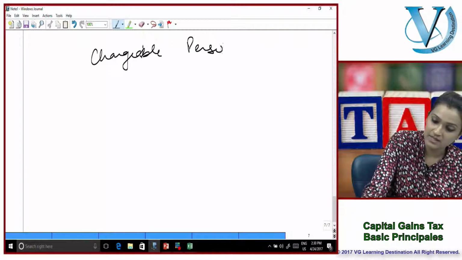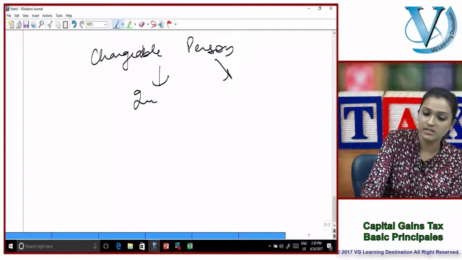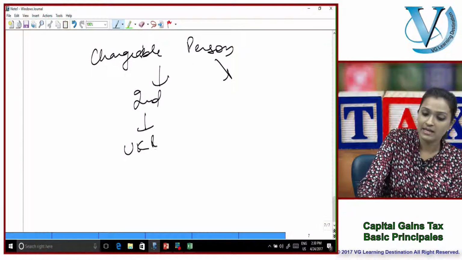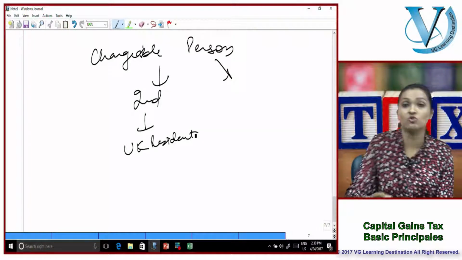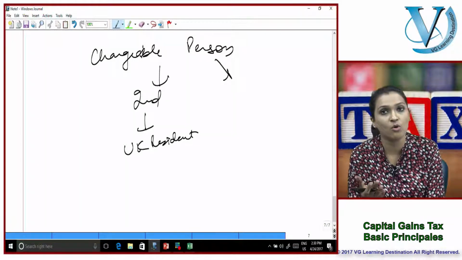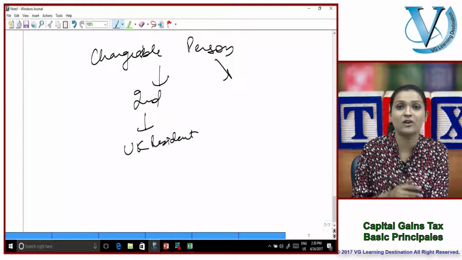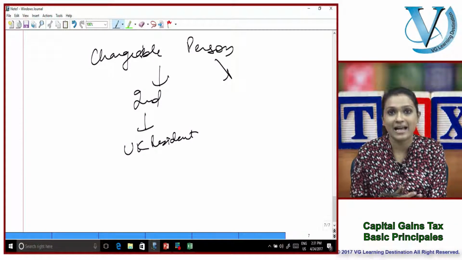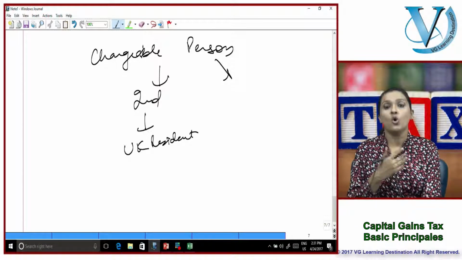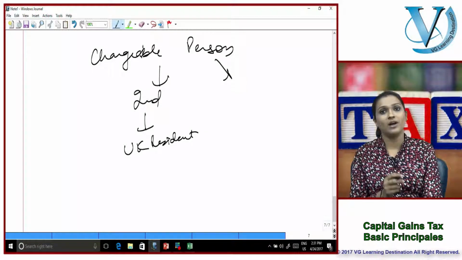A chargeable person is any person. For an individual, they should be a UK resident. Remember, we had done the UK residence test. If you've lived more than 183 days, you become automatically UK resident. Apart from that, you perform the test of ties. How many ties have you actually qualified for determines whether or not you will be assessed as a UK resident in a particular tax year.